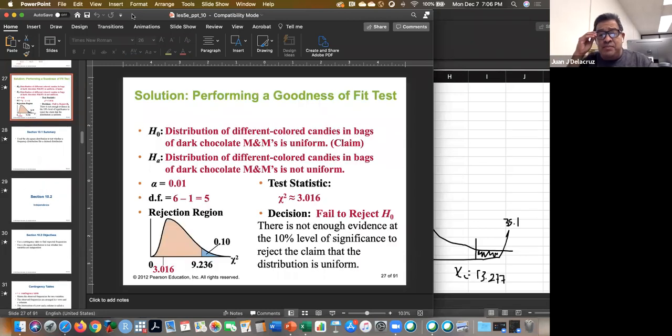This is very important because once again, I want to know whether the data that I have in my survey matches the expected distribution. In this case, it's clear that if I buy a bag of candies, I know that all the colors are going to be uniformly distributed.